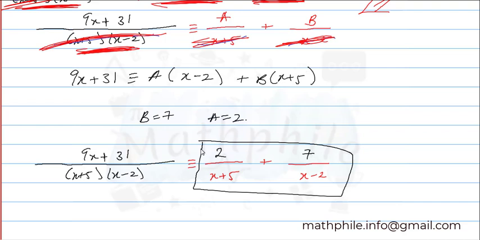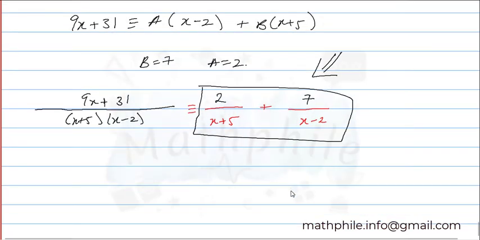So you can see that we successfully changed the answer into the question. So this is what we call resolving into partial fractions. We've broken down the bigger fraction into parts. Any question on this one? No, sir.